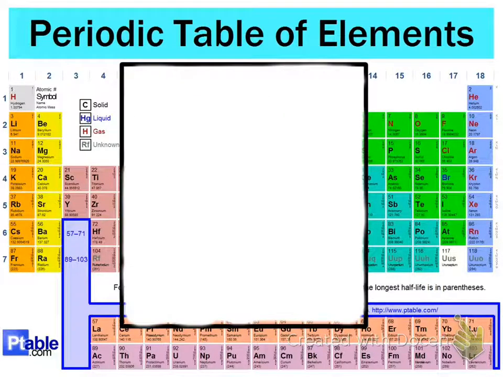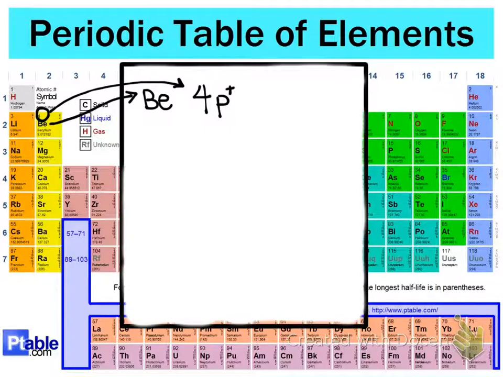Now I wanted to look at just a few examples of looking at the periodic table elements and determining number of protons, neutrons, and electrons. So let's start with Be. This number on top, that 4, that is your atomic number, which means that is the number of protons. It is also the number of electrons.